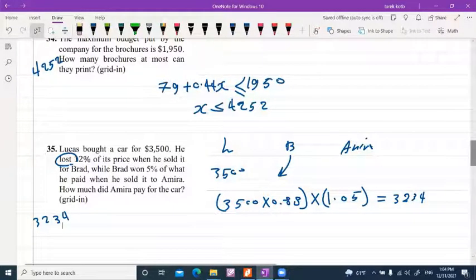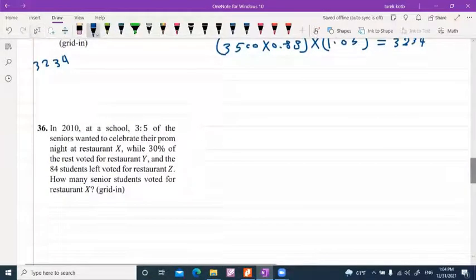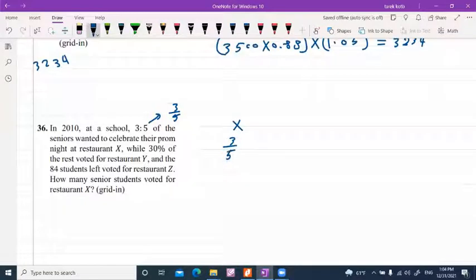Number 36. In 2010 at school, 3/5 of the seniors wanted to celebrate their prom night at Restaurant X. So this is Restaurant X. 3/5 of the seniors, A for example.